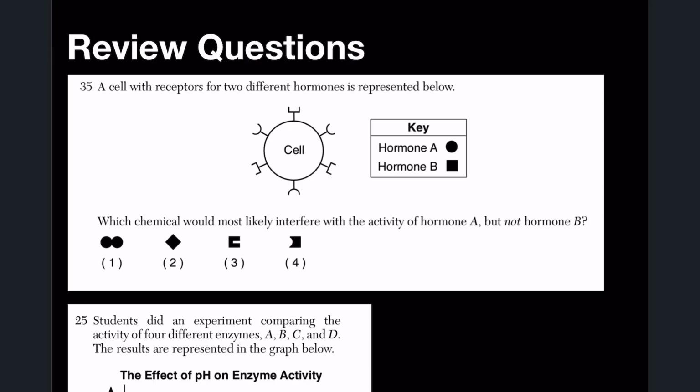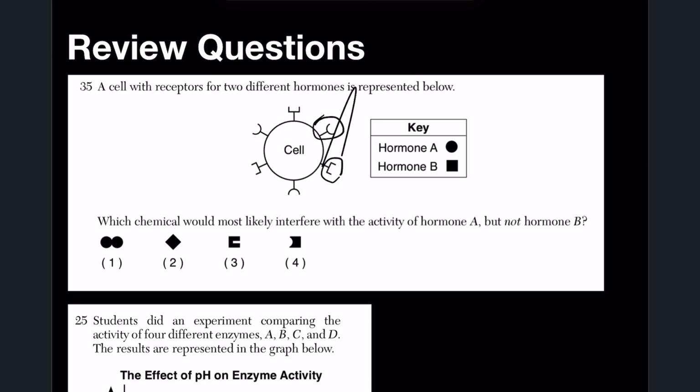So this is a question really about the lock and key model. We see hormone A is circular, so it would likely bind to these circular receptors here. And hormone B is square, so it would likely bind to these little rectangular ones over here.